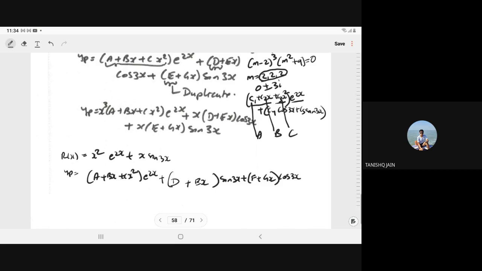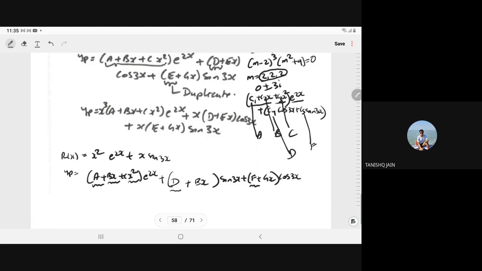Similarly, if you take c4 equal to d and c5 equal to f, we have the duplicacy. So we have the duplicacy at these places.